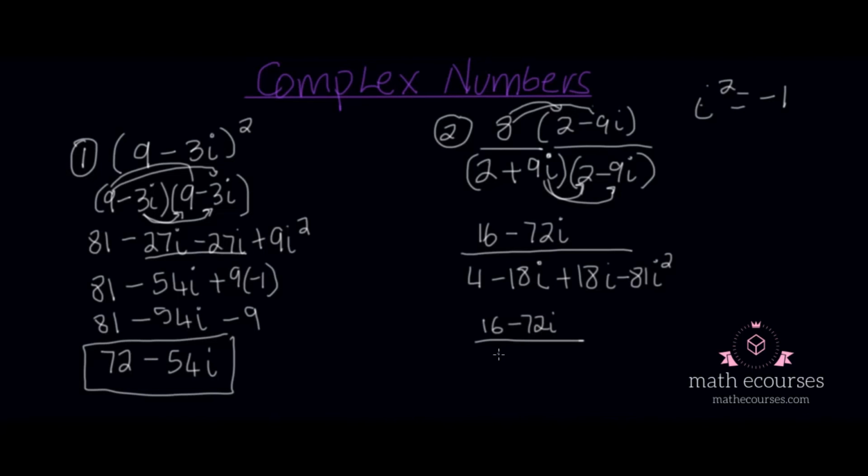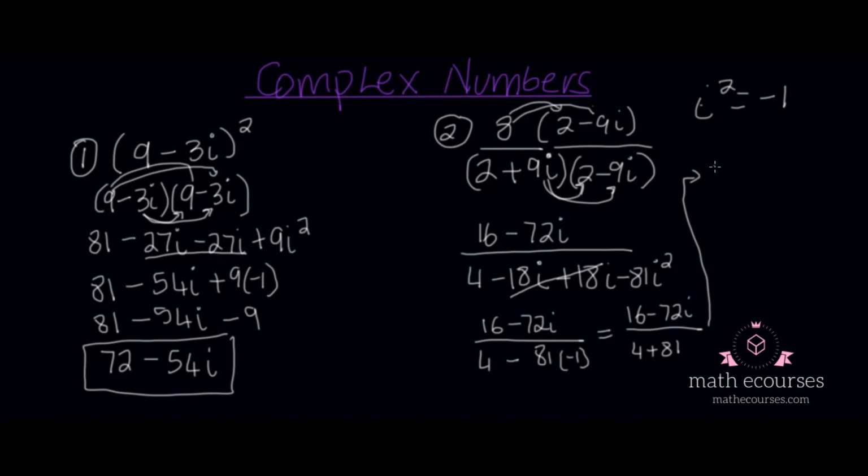In the denominator, I have my 4, but then the -18i plus 18i is 0, so that cancels out. So I have minus 81 times -1. So this is 16 minus 72i over 4 plus 81.